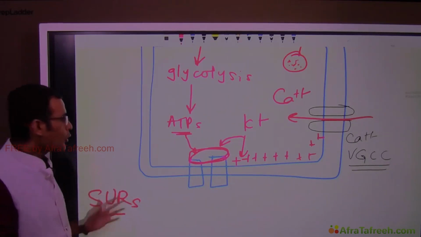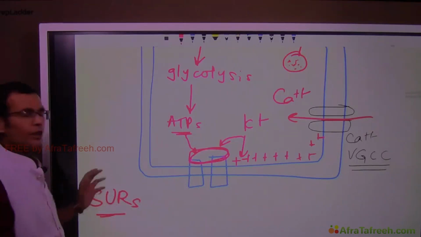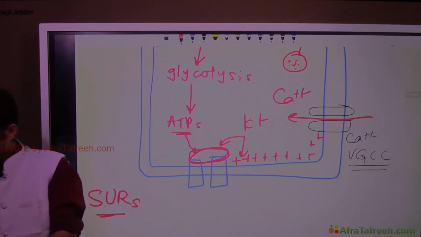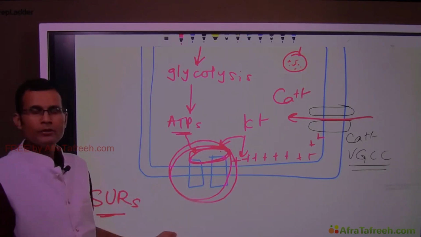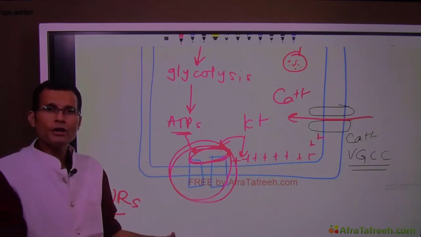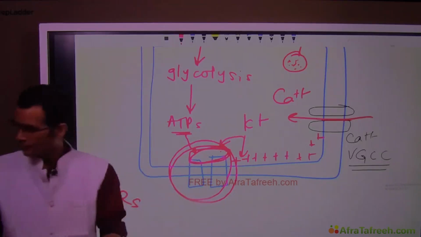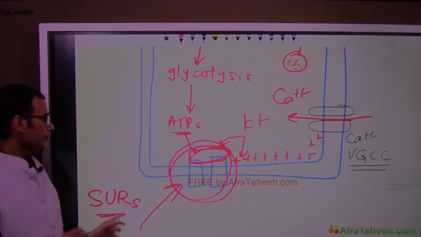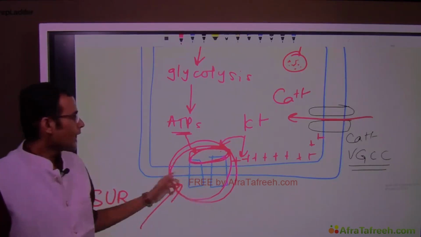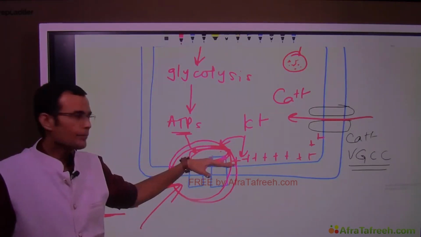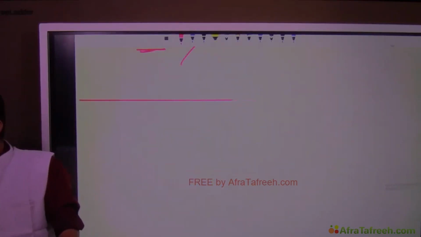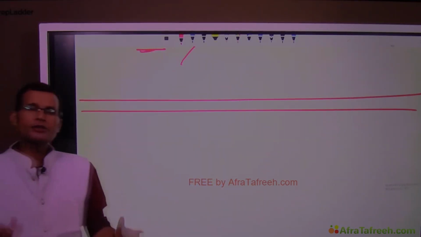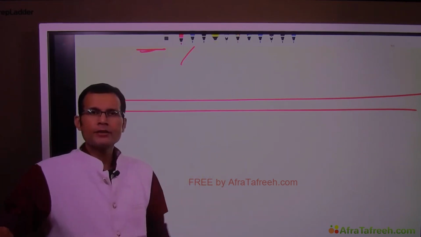The sulfonylurea has a receptor, the sulfonylurea receptor, which is associated with this ATP sensitive potassium channel. So when this drug is given, it is called an insulin secretagogue. It's going to cause secretion of insulin. The drug will bind with this receptor, that will close the potassium channel, and the subsequent events will follow. Right. So these were the chemically gated channels. That was in a nutshell the various types of channels.